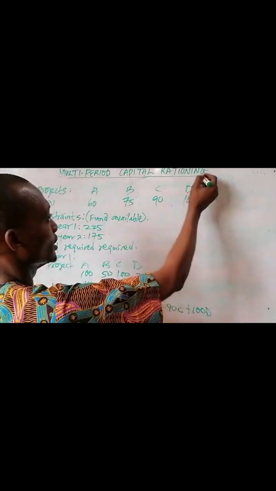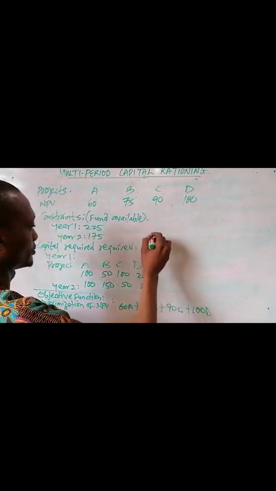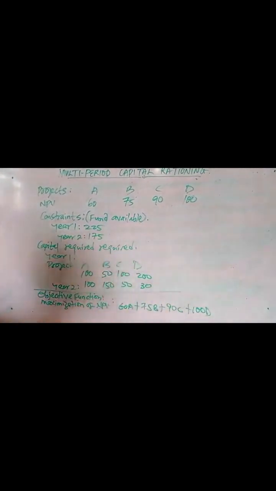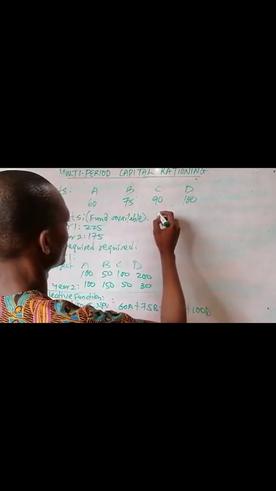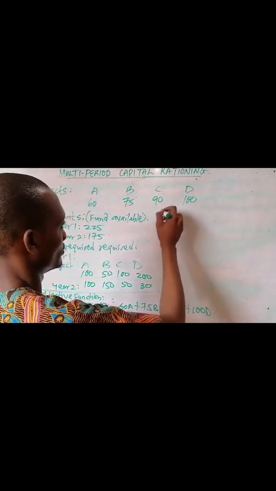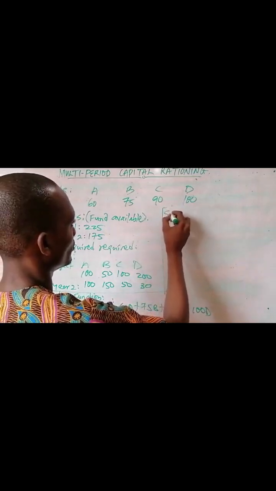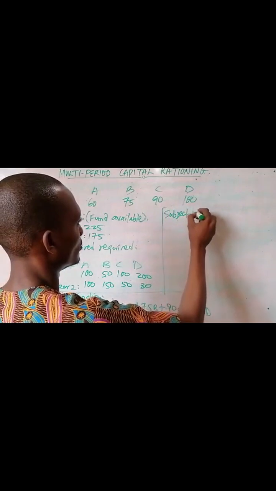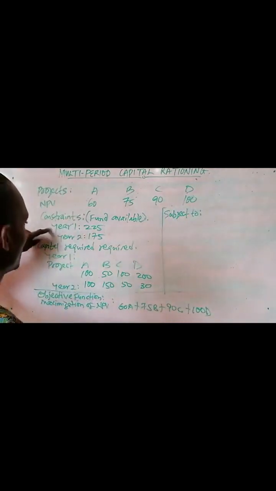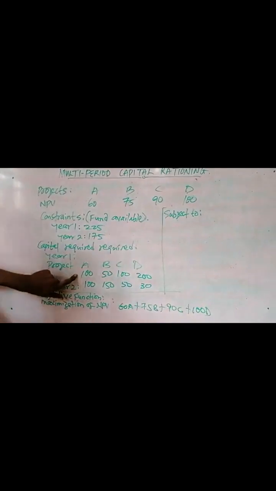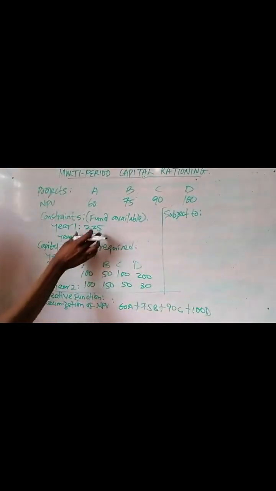So let me put the constraints here. Subject to: for the first year, this is the fund required and this is the fund available.